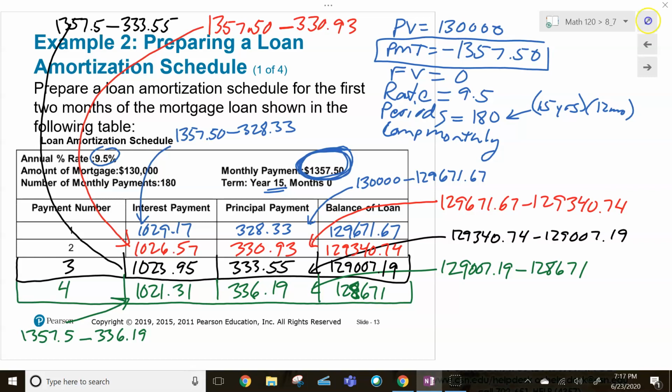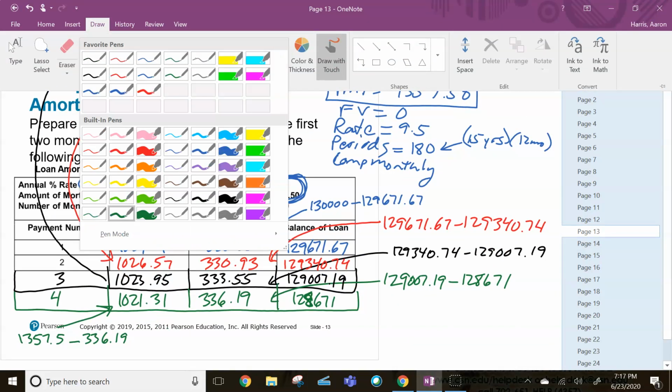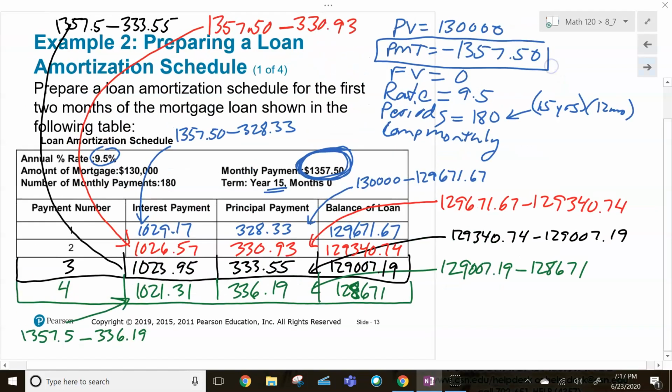Now, what I want you to notice here, if you're looking at this, is the principal payment: as time goes on, the principal increases. It started at 328.33. By the fourth payment, I'm making about $8 more in my principal. And the amount that you're giving to the bank, this is the maximum on the first one, 1,029.17.